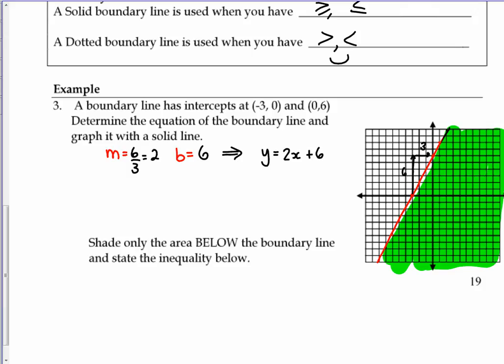So because we're below, y is less than or equal to 2x plus 6. And the equal to is because we're solid. How did I get the arrow? Because we are shading below, and below equals y is less than. Okay?